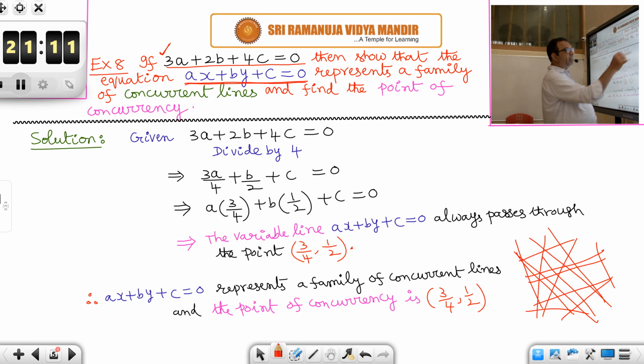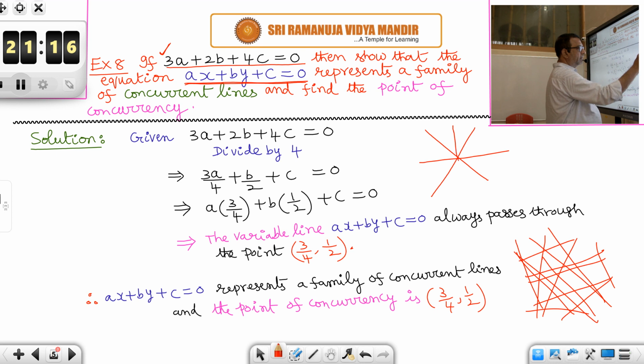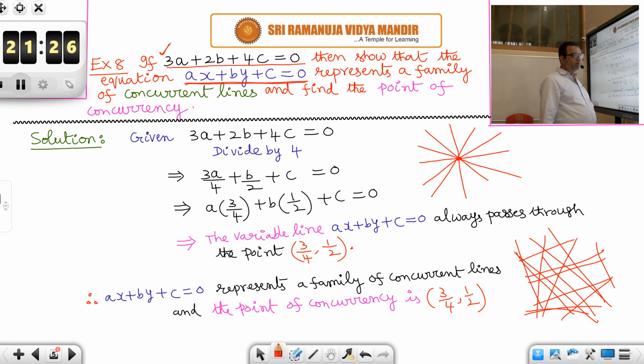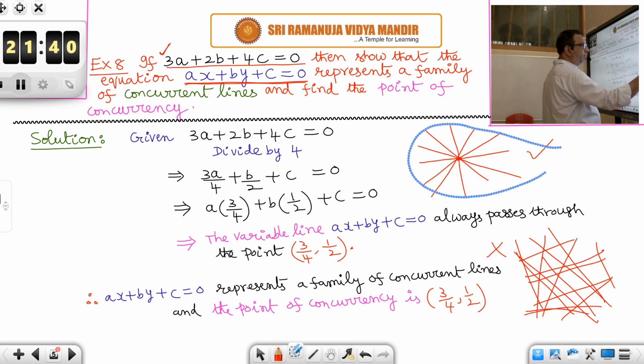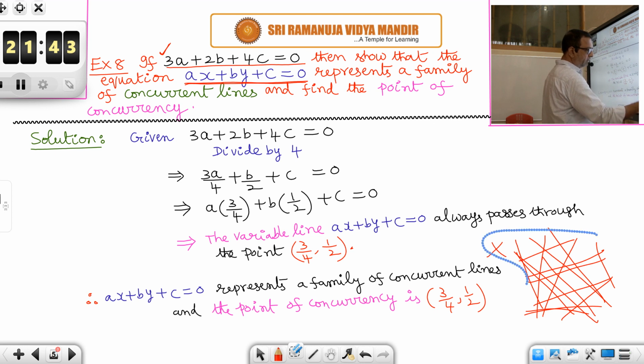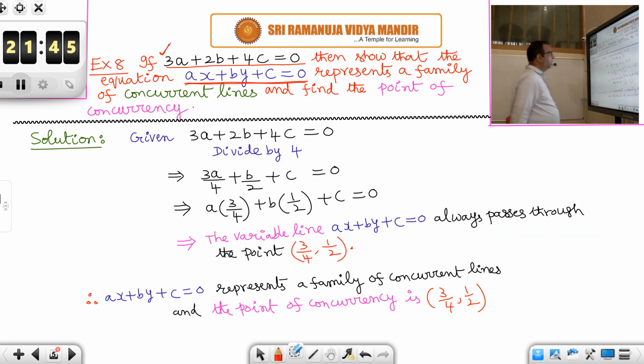We have to show they are like this. All concurrent lines only. All of them are passing through a fixed point. Some point is there, through that point only all the lines pass. So the lines are like this, we have to prove. Not like this. That is the actual question. How to do it, we'll see easily. This is a very simple question.